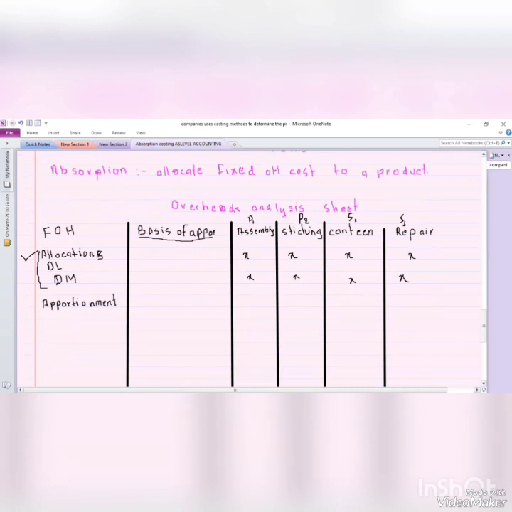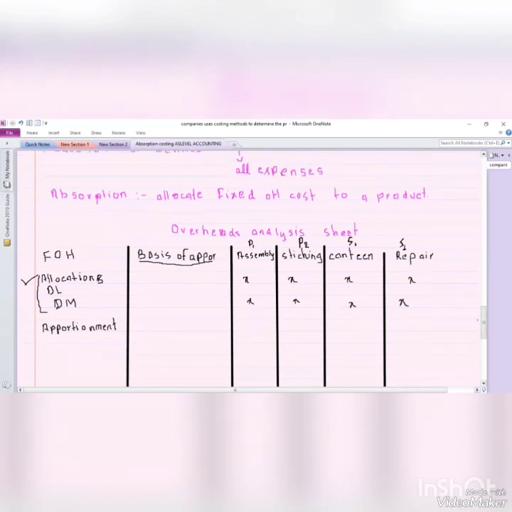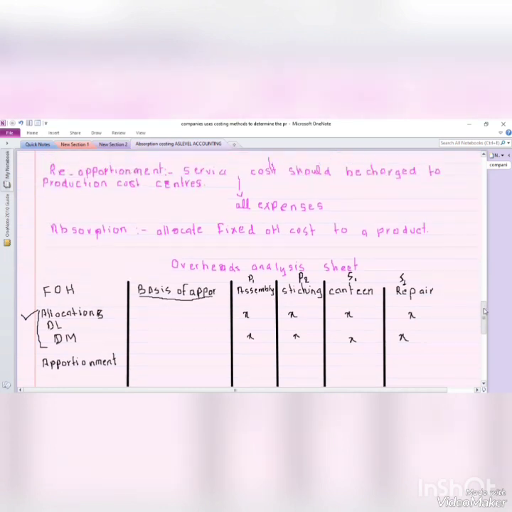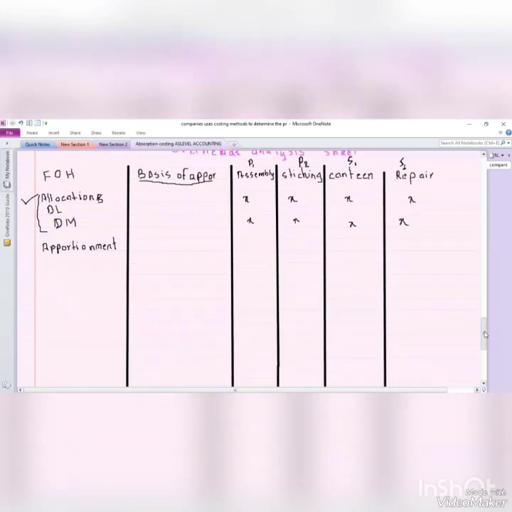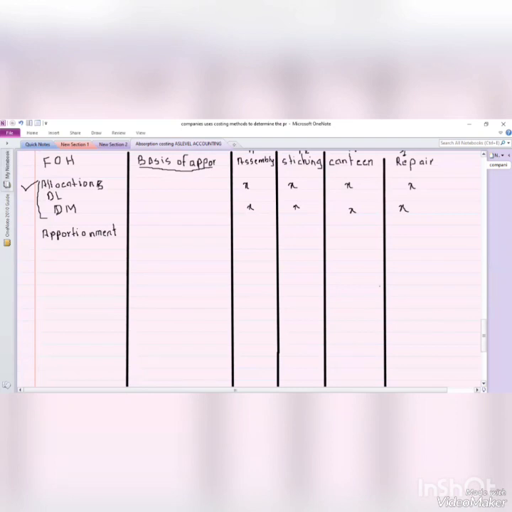In apportionment, we are going to divide the depreciation cost among these four departments. First of all, we have different kinds of fixed overheads in our year.